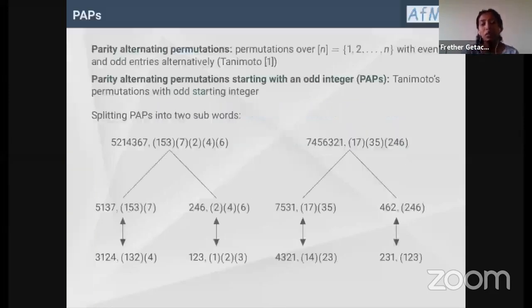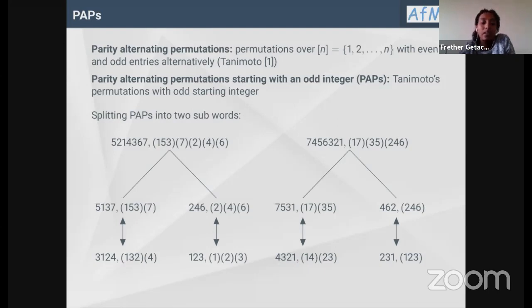Parity alternating permutations were first introduced by a Japanese mathematician called Tanimoto, with even and odd integers alternating. But the ones we are currently studying are Tanimoto's permutations that start with an odd integer. We call them PABs in short.